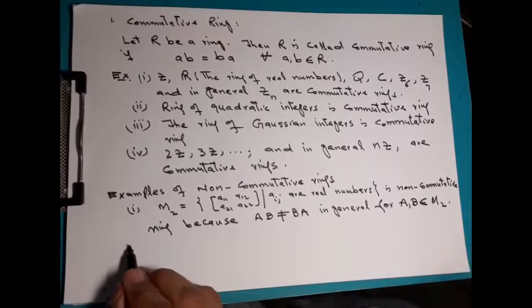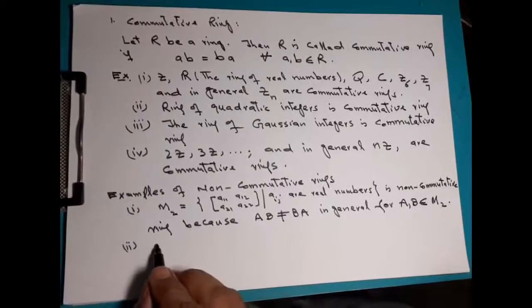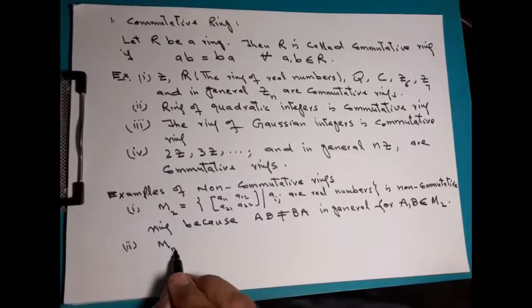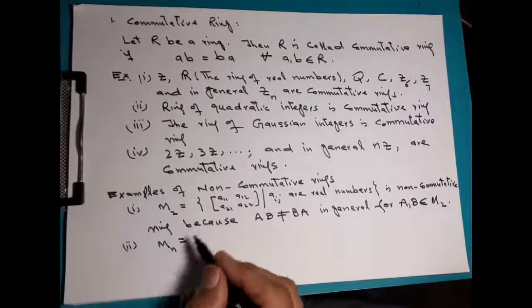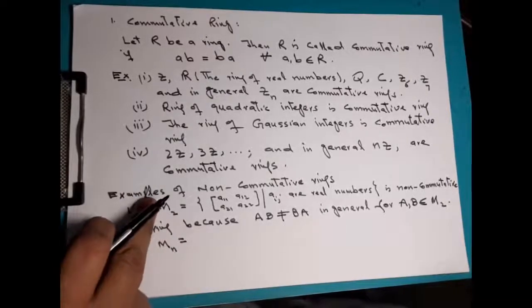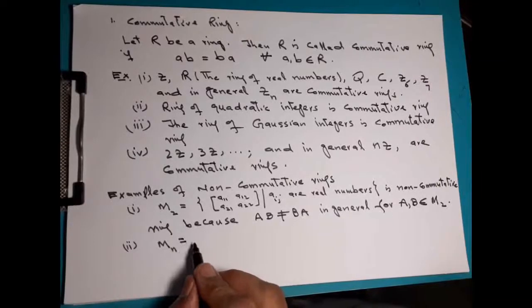So the second example we have discussed of a non-commutative ring is the ring of n by n square matrices. This is a generalization of the example we just discussed.